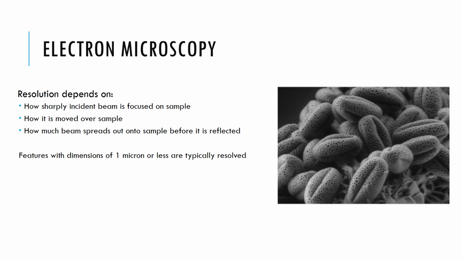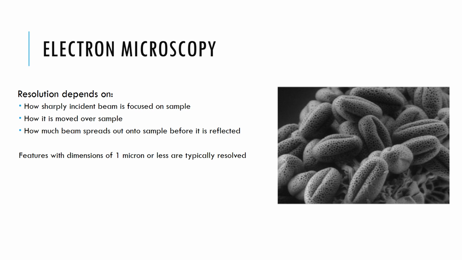It's a very, very powerful microscope, and the resolution is dependent on how sharply you can focus that incident beam, how quickly it's moved over the sample, and how much the beam spreads out onto the sample before it's reflected. So conducting samples are imaged very easily with SEM. Typically, you can get features with dimensions of 1 micron or less, so you can image things like bacteria, single bacterial cells.